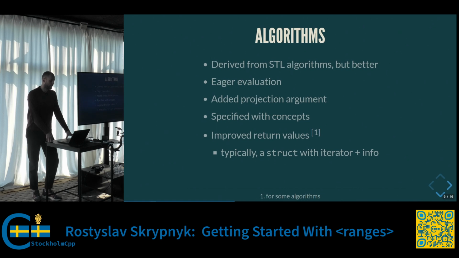They are specified with concepts, and that means that you get better error messages. Because maybe you know that templates are notorious for humongous error messages that are difficult to parse. And then they improved return types for some of the algorithms, so you would typically get a struct with an iterator and some information.